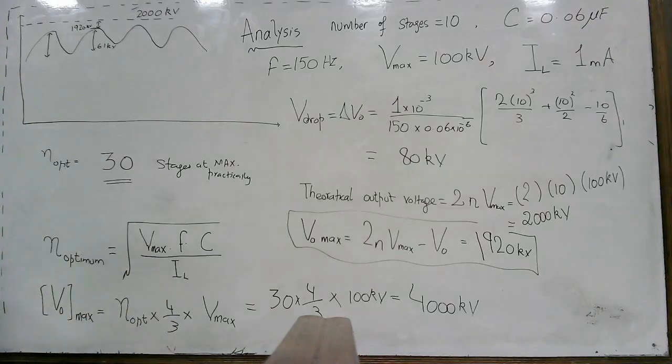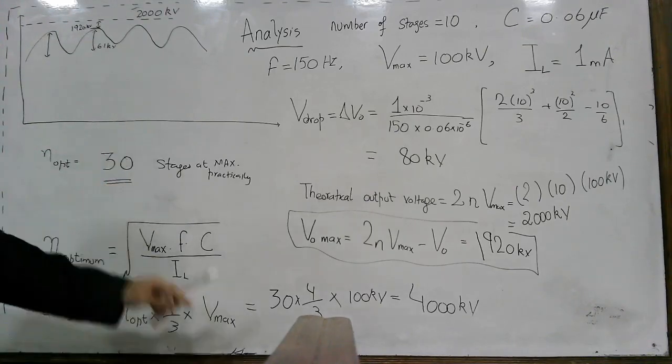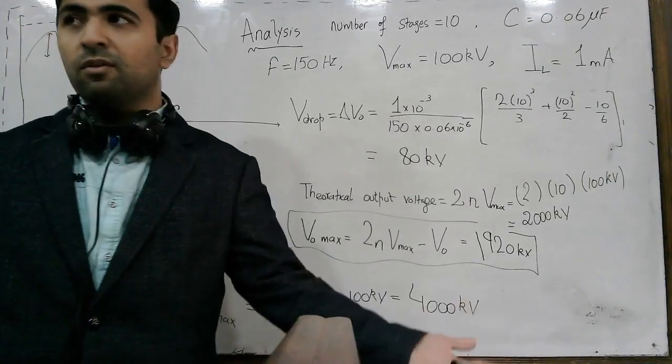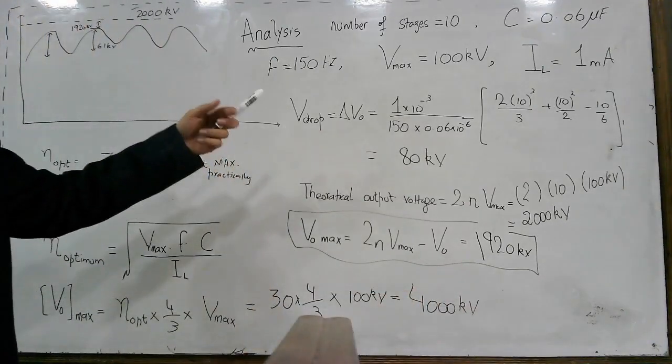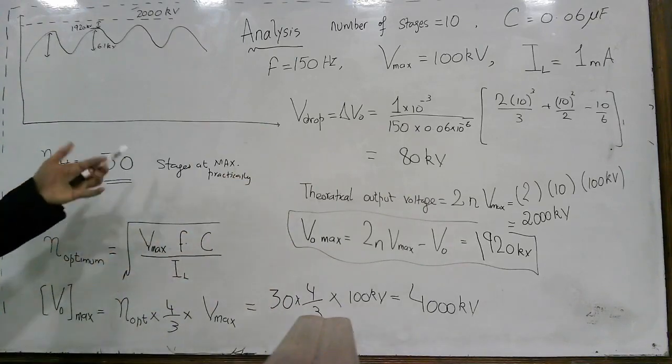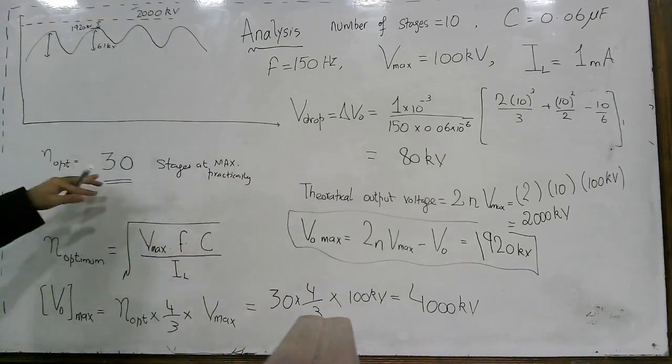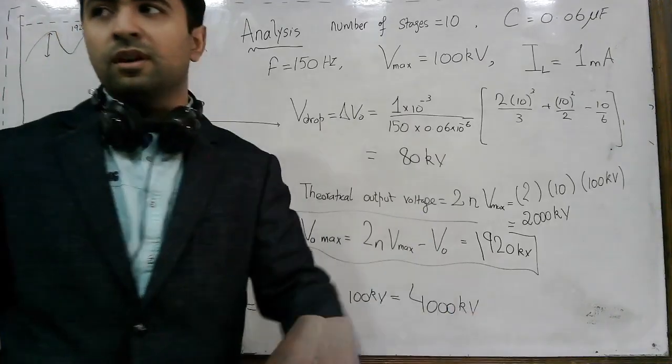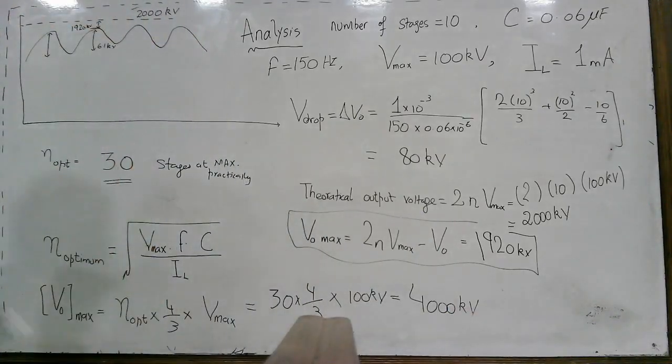But we have seen that the optimum number of stages is 30, so the maximum value you can achieve in this scenario is not more than 4000 kilovolt. If you go for 35 or 40 stages, you won't get greater than 4000 kilovolts in this scenario.